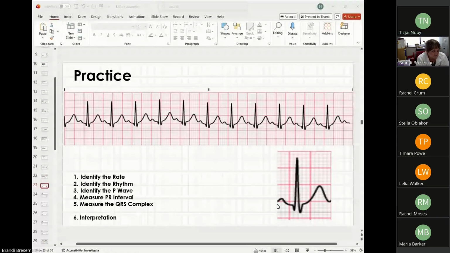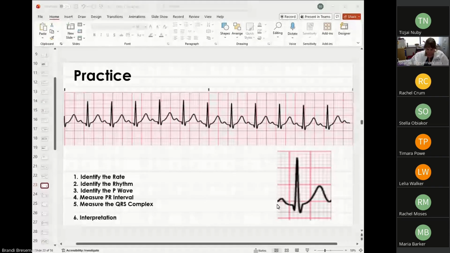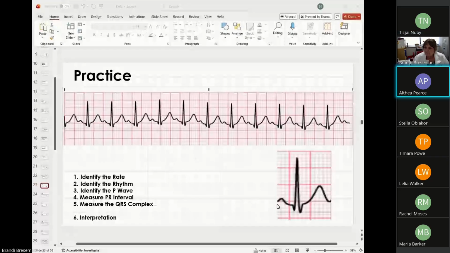Okay. So what can cause sinus tachycardia? Exercise. Yep. Fever. Yep. Stress. Yep. Stimulants. Good job. Hyperthyroidism. Yeah. All right. What if your patient is symptomatic?